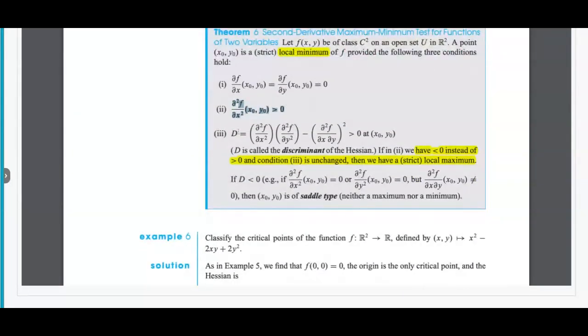With these two holding, the third one we call D, the discriminant. This D is the determinant of a 2x2 matrix. The first row is the second partial of f with respect to x squared, and the mixed partial with respect to x and y. The second row is the mixed partial with respect to y and x, because those two are the same, then the second partial with respect to y squared.